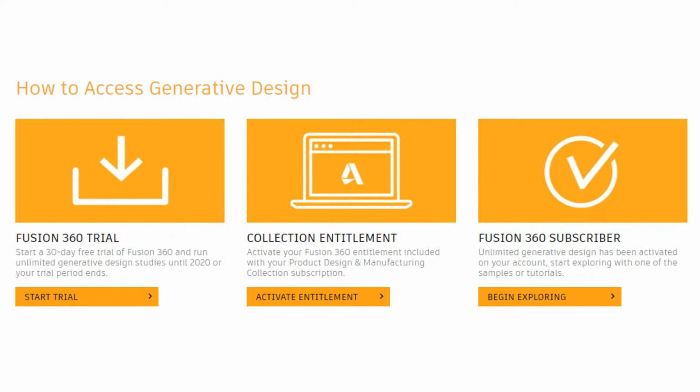Second would be if you have a collection entitlement, if you're currently entitled to product design and manufacturing, you can use generative design as part of Fusion. And then, of course, if you're currently a Fusion 360 subscriber, you can also use generative for free. Now, if anyone's outside of that, or if anyone's within the education community, please feel free to write a question in the chat, and I'm sure my colleague Aaron would be happy to help with that.